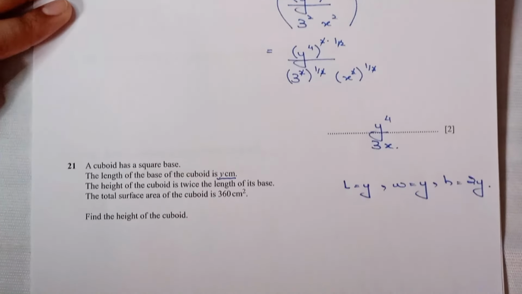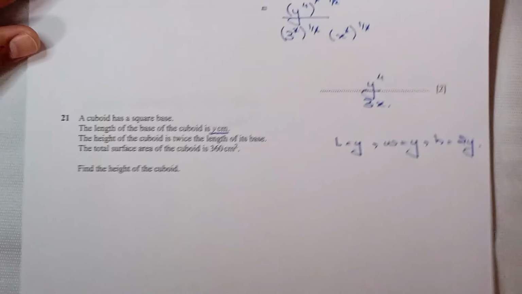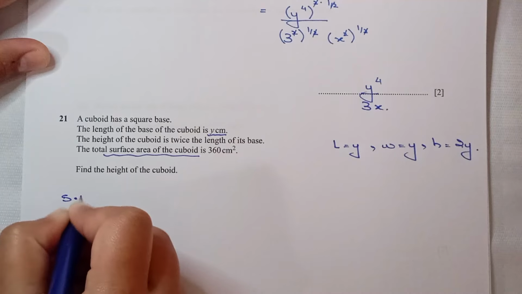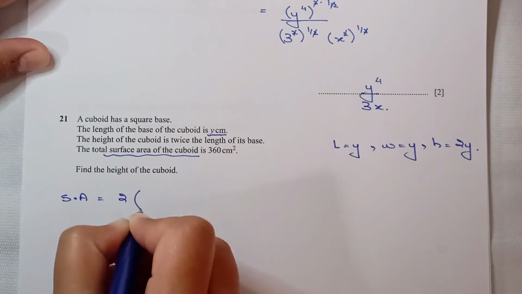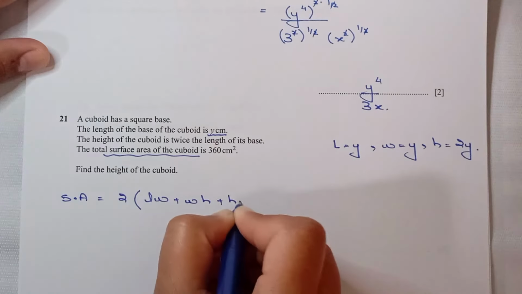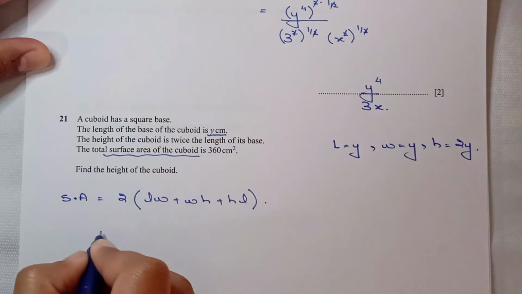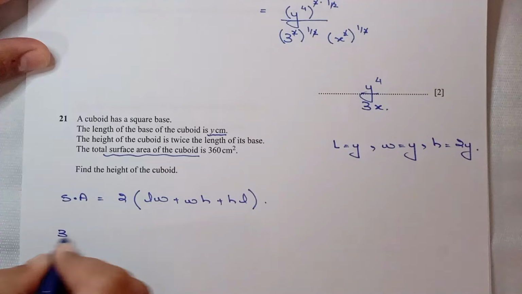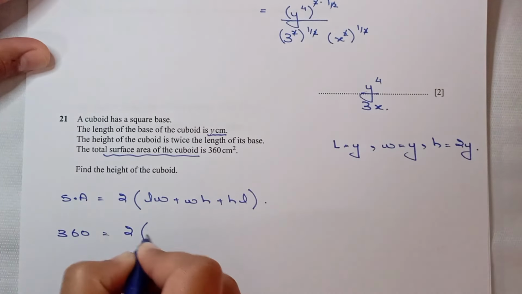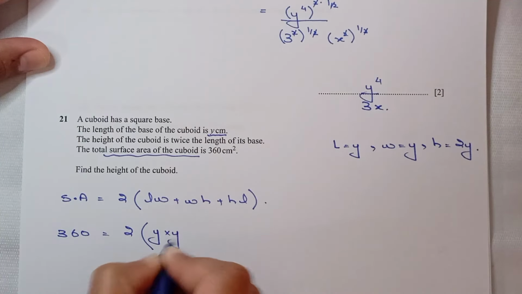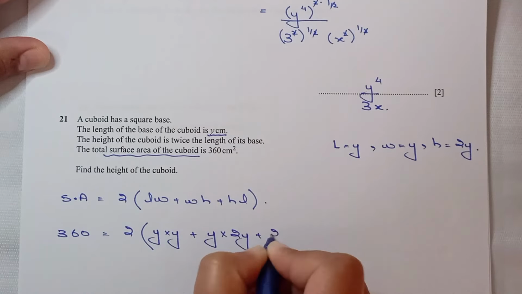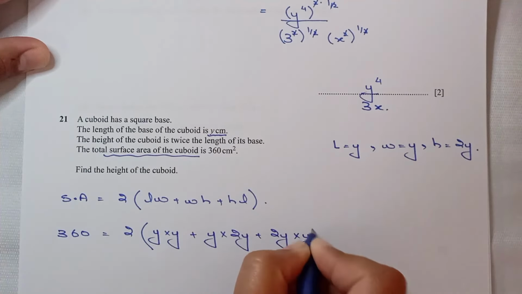Okay, so here we need to use the formula for the surface area of a cuboid. The surface area of a cuboid is 2 times length times width plus width times height plus height times length. Right? Okay, so the surface area is 360. This would be equal to 2 times y times y plus y times 2y plus 2y times y, right?